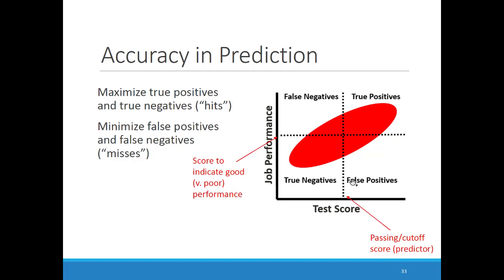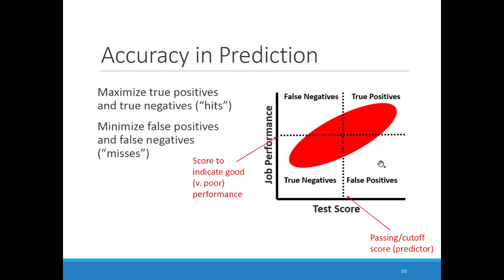So for someone who is in the true negative category, down here on the bottom left, they scored low on the test, so they're in this lower range here on the left side for the test score, the x-axis. And they also were low on job performance. So they are in the lower side of the job performance, because remember we said that job performance increases the higher you go. So that's our true negatives.